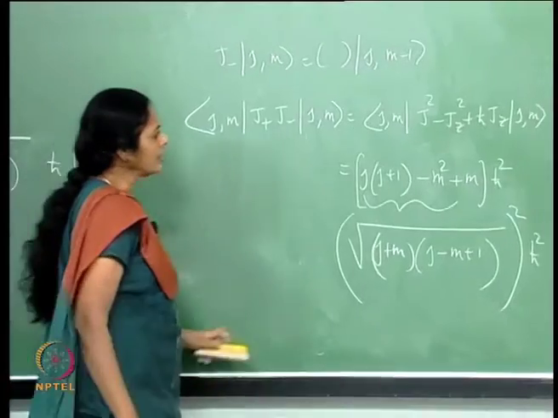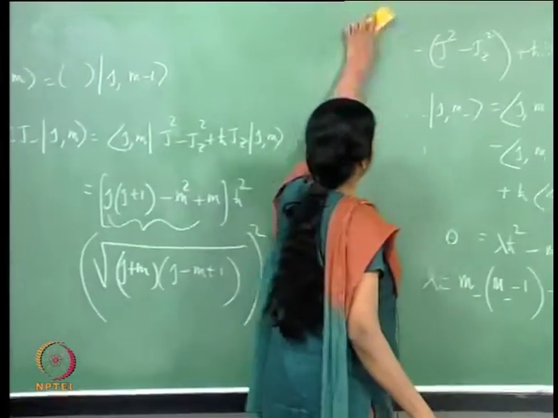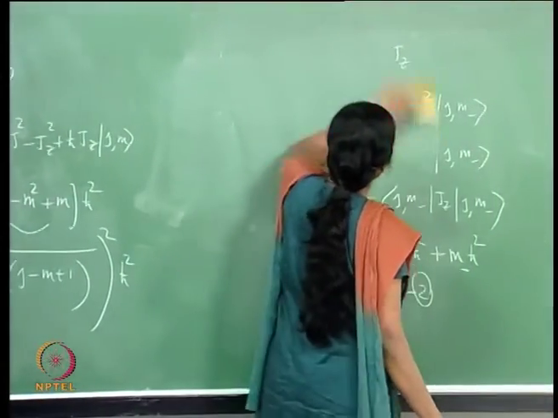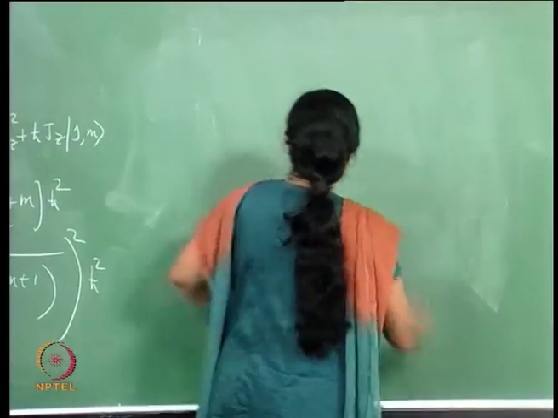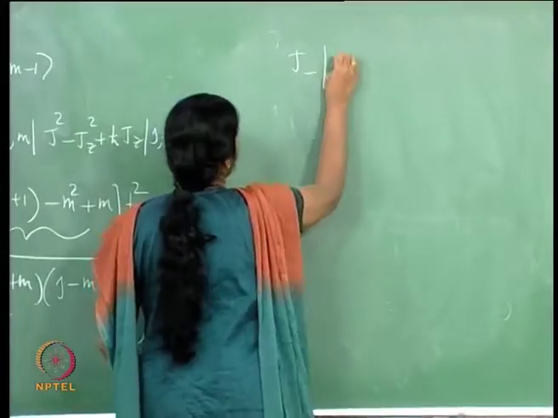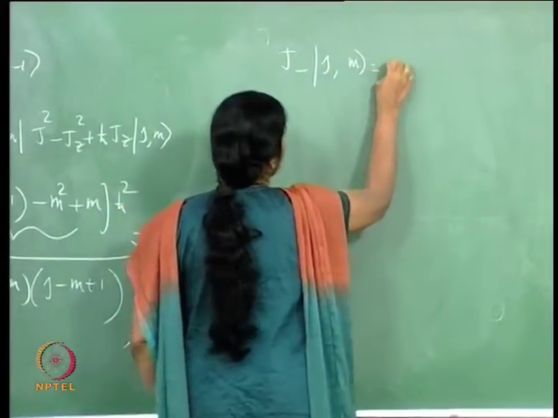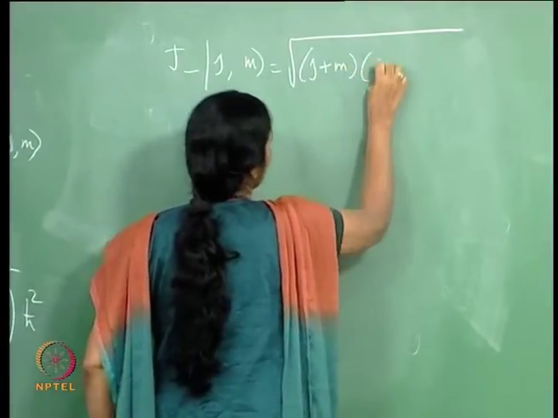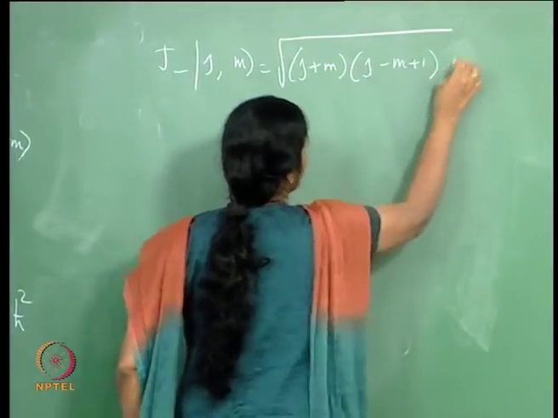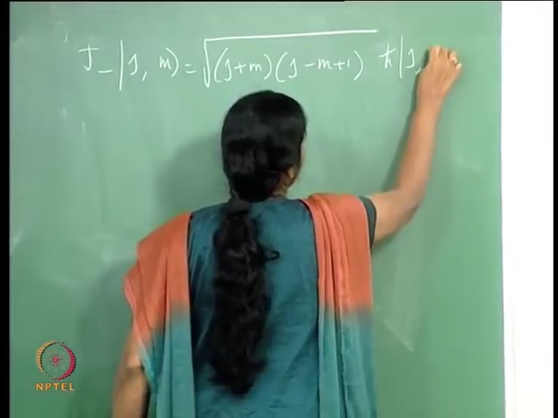From which it is clear that J₋ acting on the state |j,m⟩ gives me the root of (j+m)(j−m+1) times ħ |j, m−1⟩.